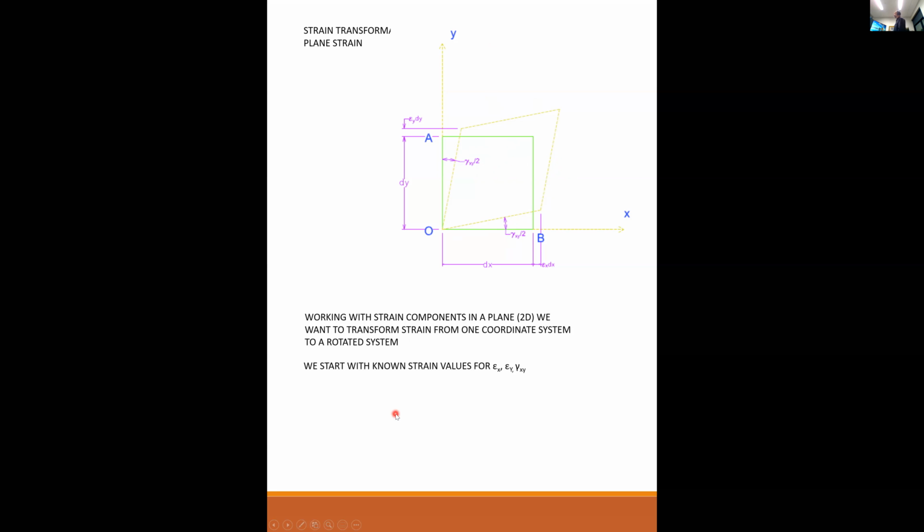So we're going to start with known strain values for epsilon x, epsilon y, and gamma xy. That little kinky thing right there, that's a gamma xy. Remember, gamma is shear strain.